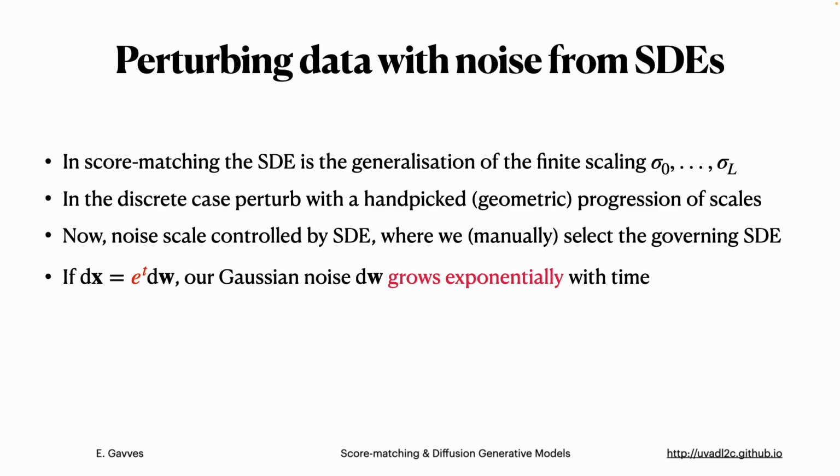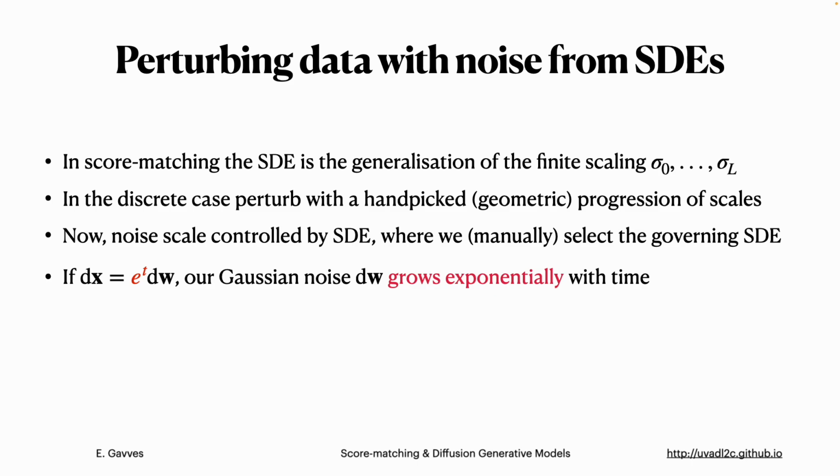Whereas now the noise scale is controlled by the stochastic differential equation, and in this case, our hyperparameter is which stochastic differential equation we are going to use to generate our noise.